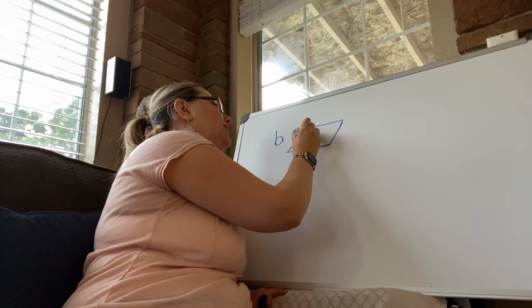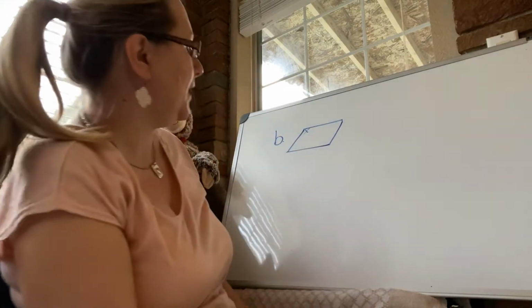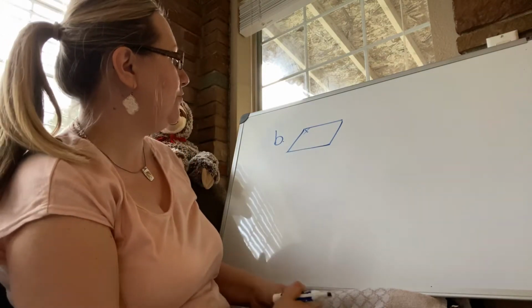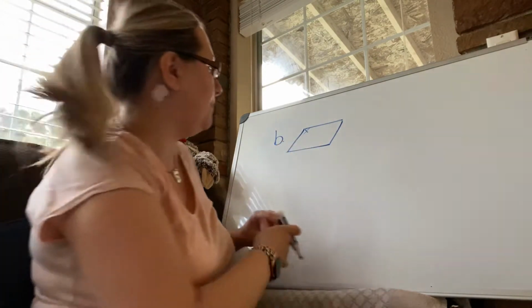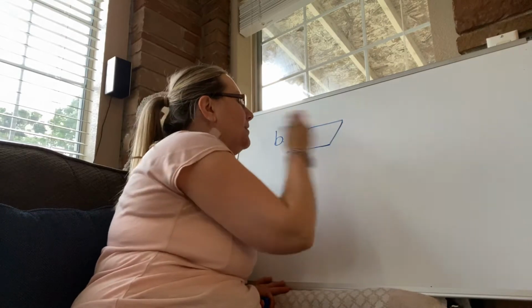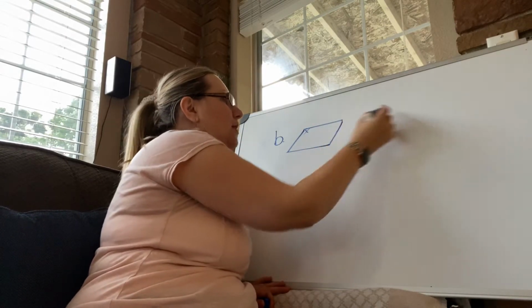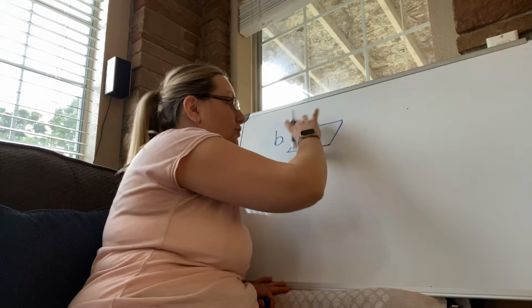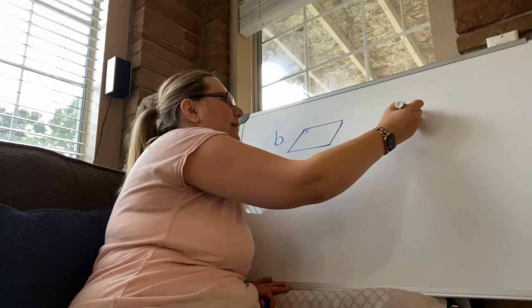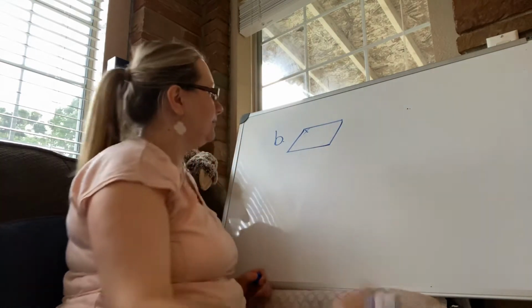Maybe I will put an X right there, okay? And I'm going to remember that X is that obtuse angle. So now my two long sides, I'm going to turn it around.